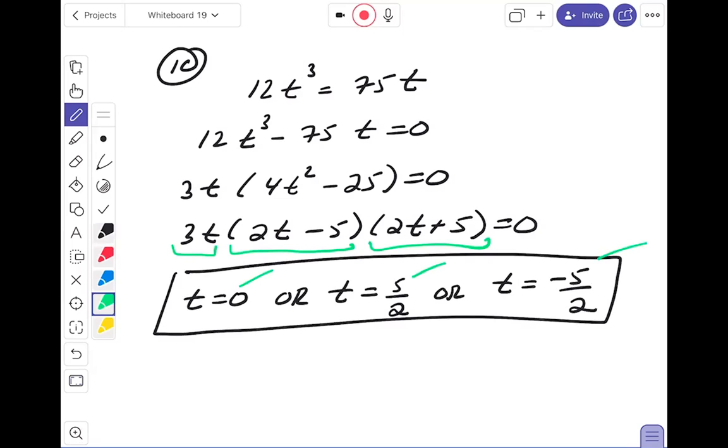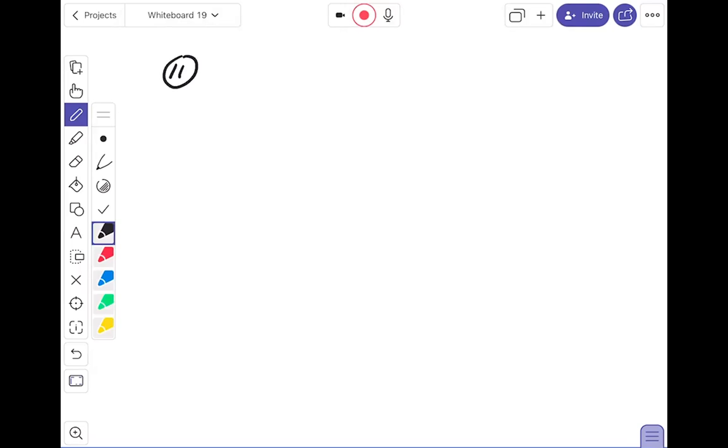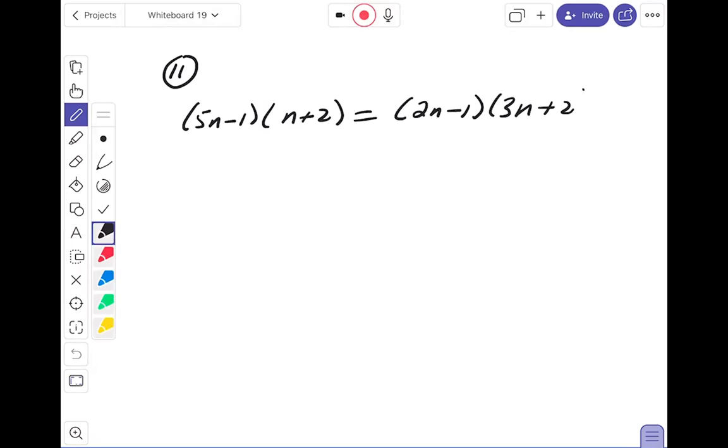All right, let's go to number 11. This is like deja vu all over again, very similar to what you've done in class. And what do you see up here? 5n minus 1 times n plus 2 equals 2n minus 1 times 3n plus 2. Multiply it out. 5n squared plus 10n minus n minus 2.